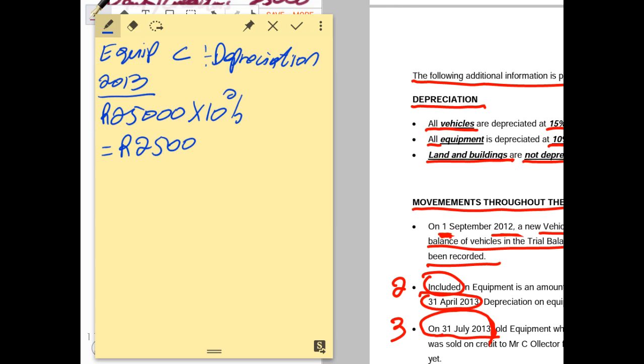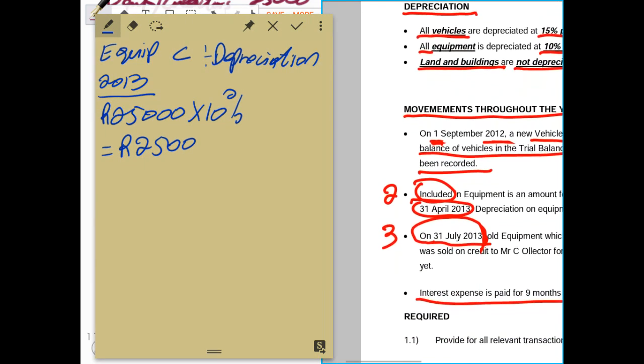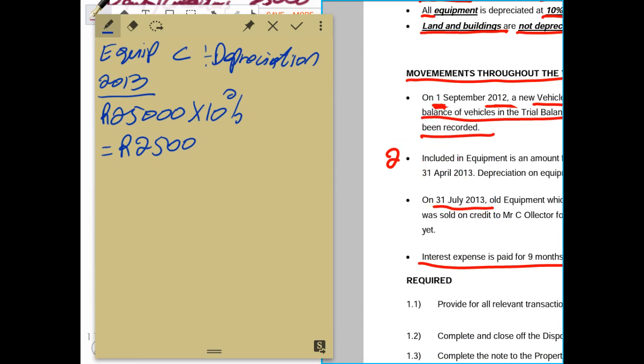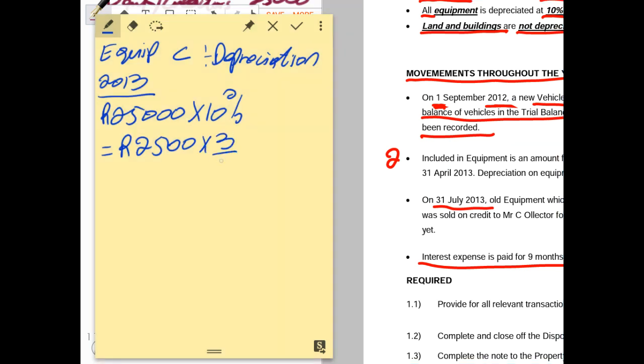But we only need it for a couple of months, which is how many months? Only 3 months, May, June, July, because this asset was acquired on the 31st of April. So now we multiply that by 3 over 12 months. 2,500 times 3 over 12 will give us 625.